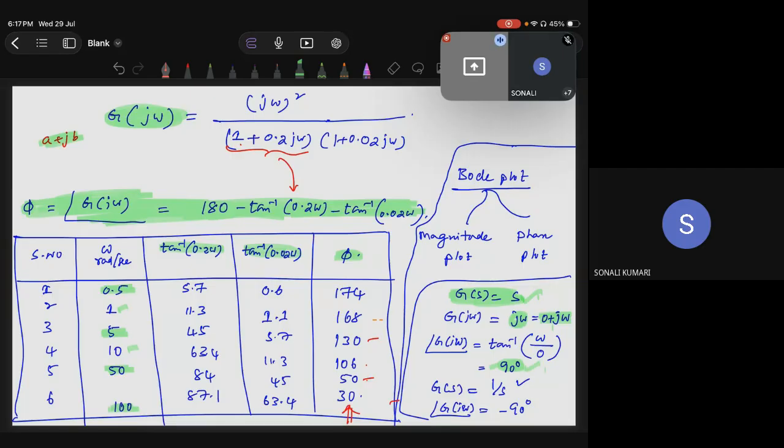That is the conclusion. Clear? Yes, sir. Similarly, if you have a pole at origin, you'll get minus 90. You can verify in the same way. Okay. Here, how many zeros we have? Two zeros. So that's why we have this 180. Okay, 90 plus 90.